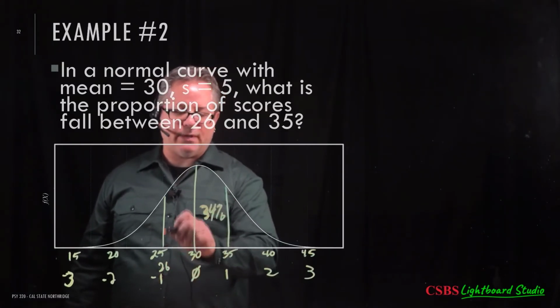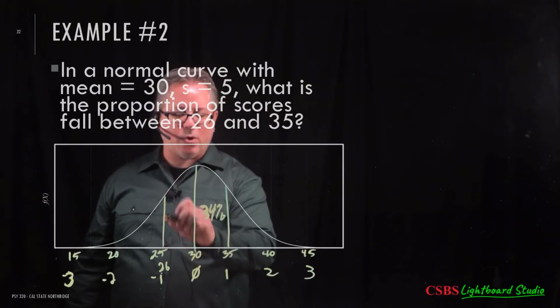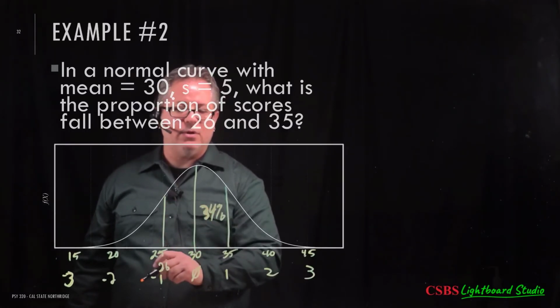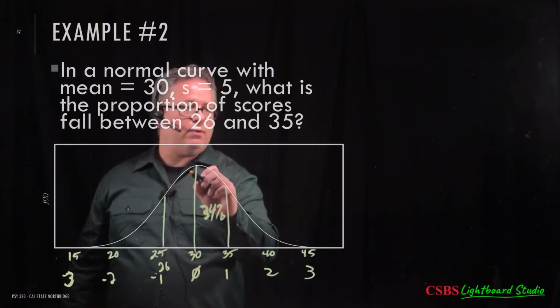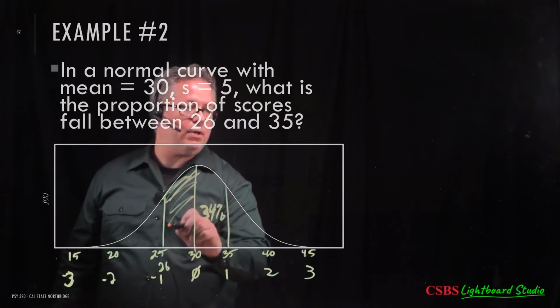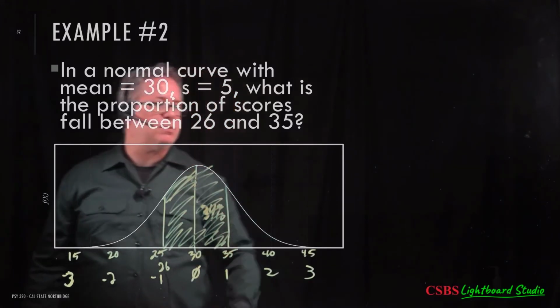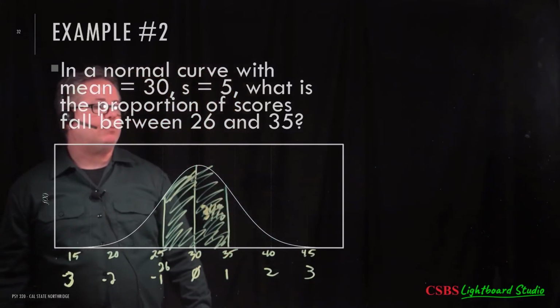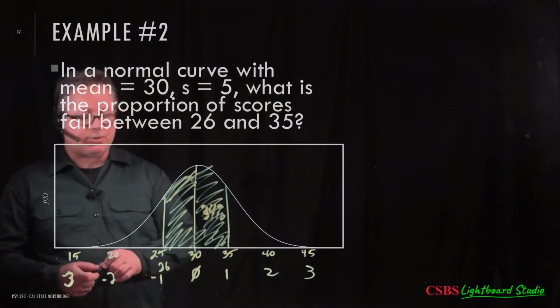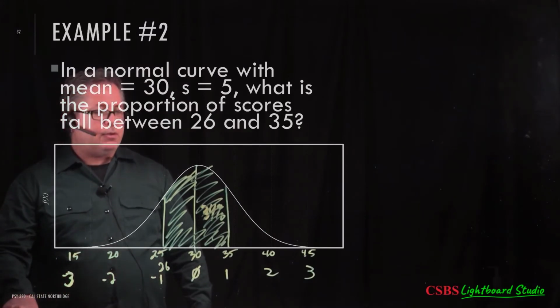Because this doesn't go all the way to 25, it's going to be a little bit smaller. But in general, the area that I'm looking for is the area between these two numbers, between 25 and 35, I mean 26 and 35. So let's convert.